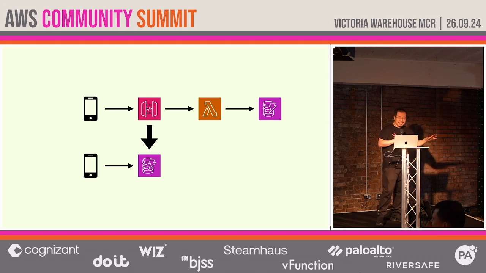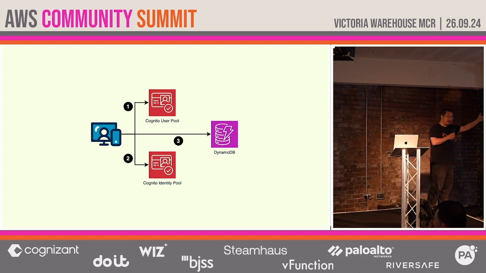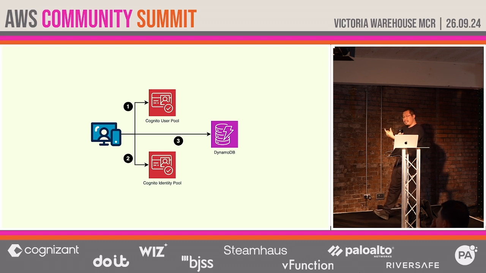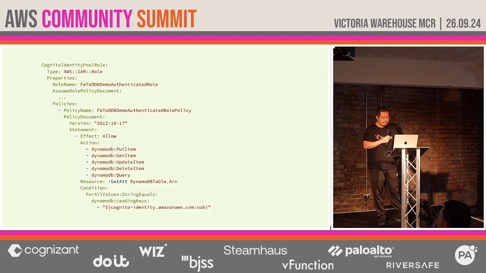Before you call me crazy, you can actually do this safely by having the user log into Cognito, and then take that Cognito token to a Cognito identity pool, and exchange that for temporary IAM credentials so that you can allow the front end to talk to the backend resources directly.